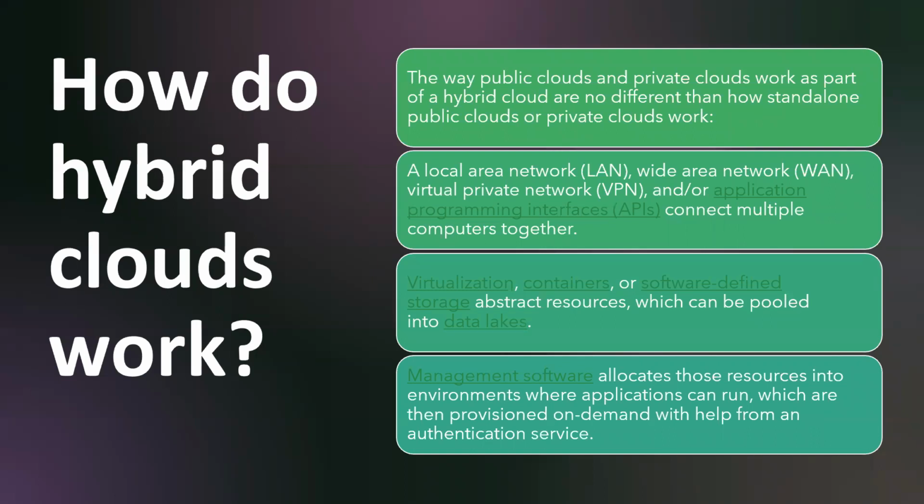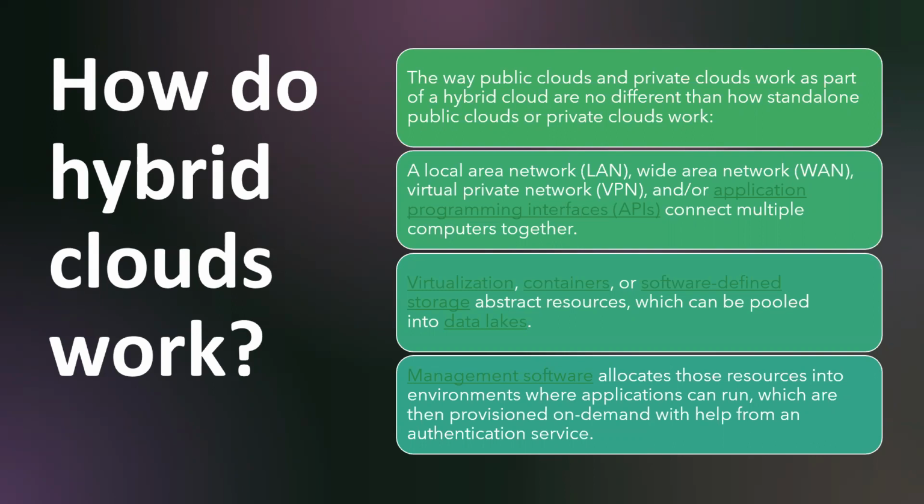The way public cloud and private cloud work as part of a hybrid cloud is no different than how standalone public or private clouds work. A local area network, a wide area network, or a virtual private network (VPN) connect multiple computers together.